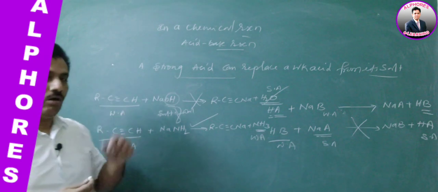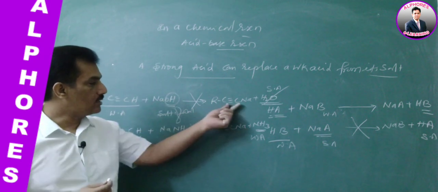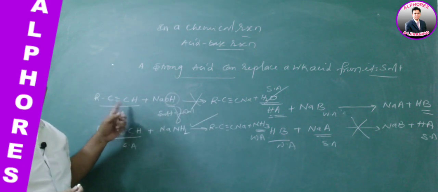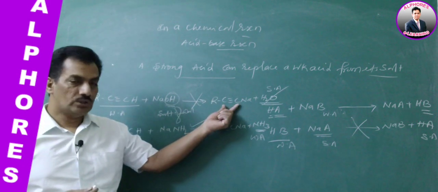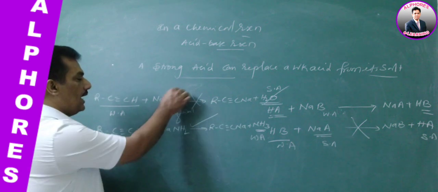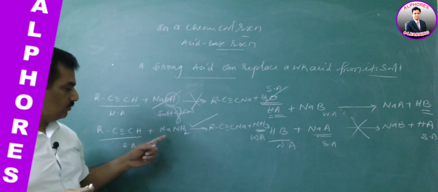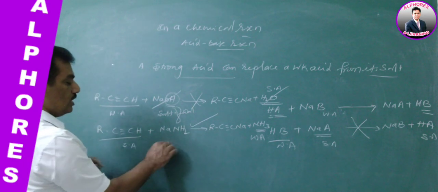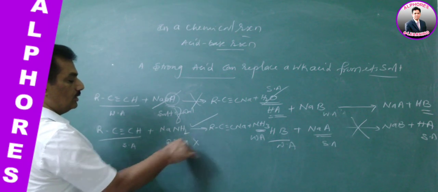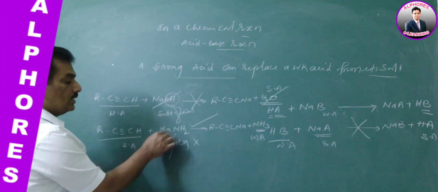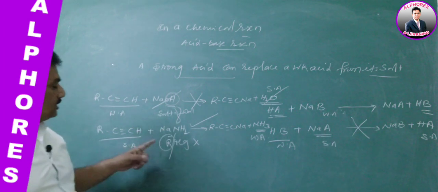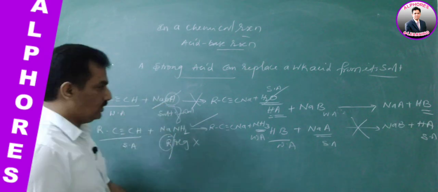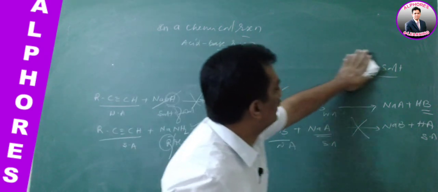If you recall the reactions of alkynes, when a terminal alkyne is supposed to convert into a salt, we are not using NaOH. Instead of that, we are using NaNH2. We can also use RMgX, because here R minus is the strong base. Don't get any confusion here.